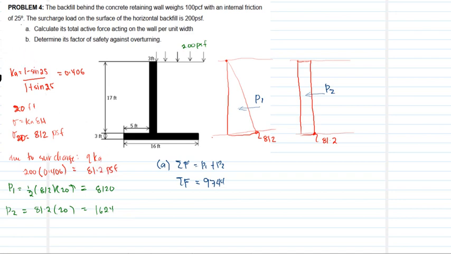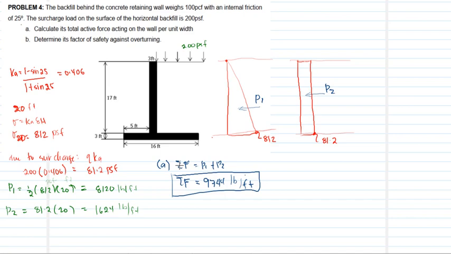Hindi PSF yan. Kasi ito, PSF na ito, multiplied by feet, magiging pounds per feet. So, yung magiging force natin is equal to 9744 pounds per feet of our length nung ating wall. So, ito yung magiging sagot natin for letter A.